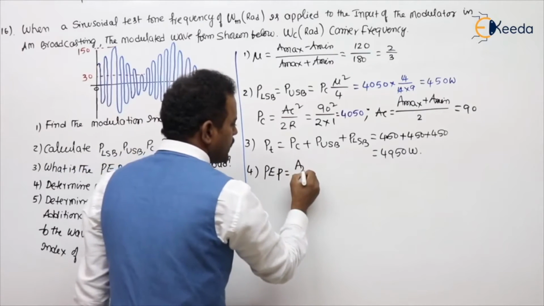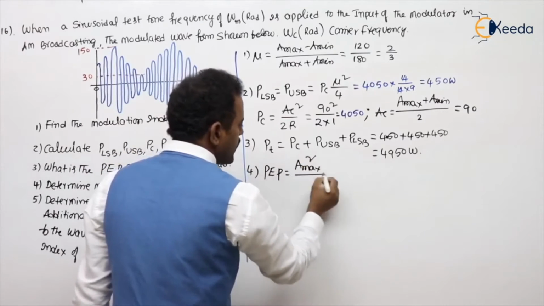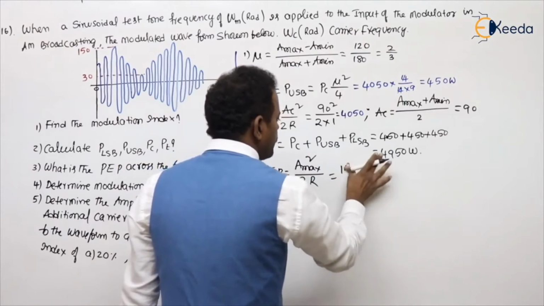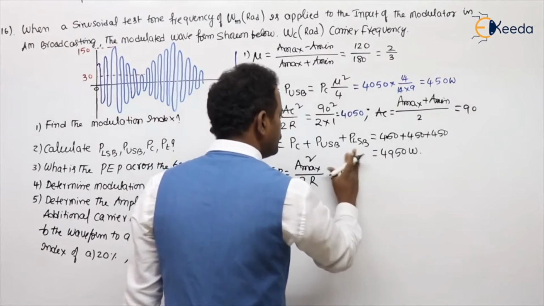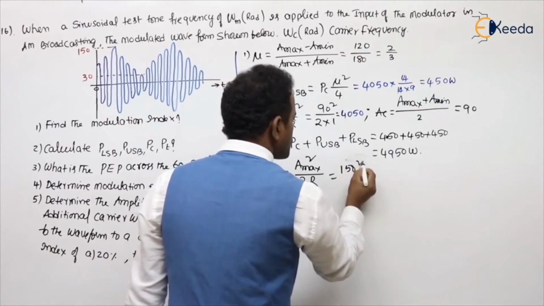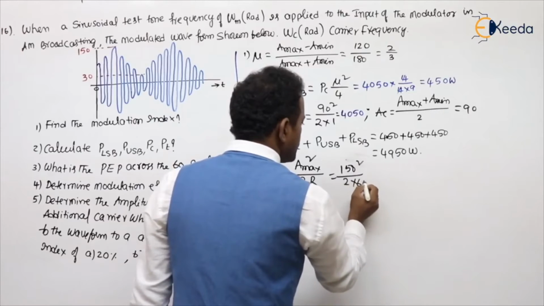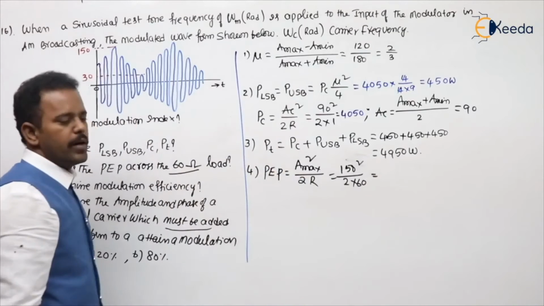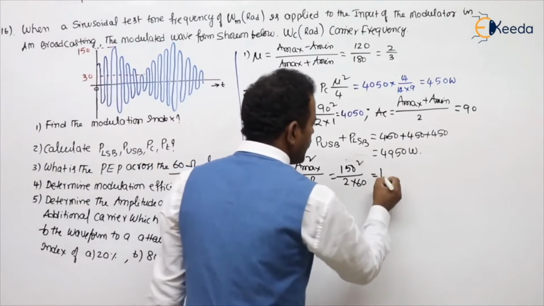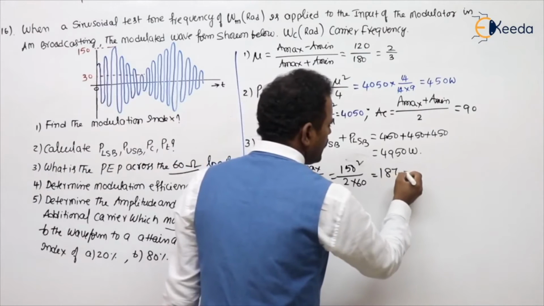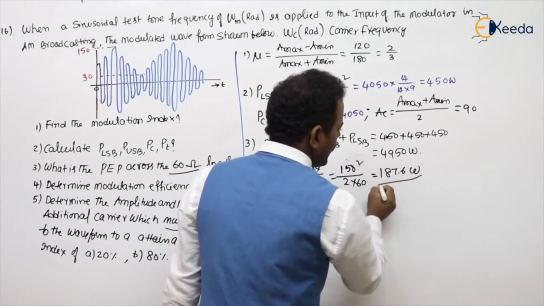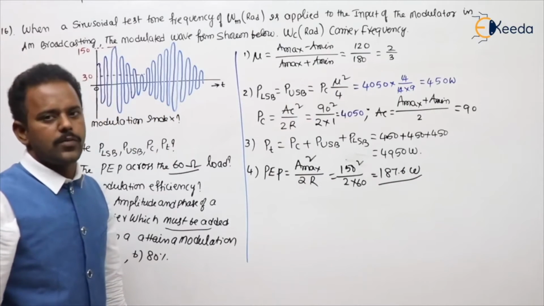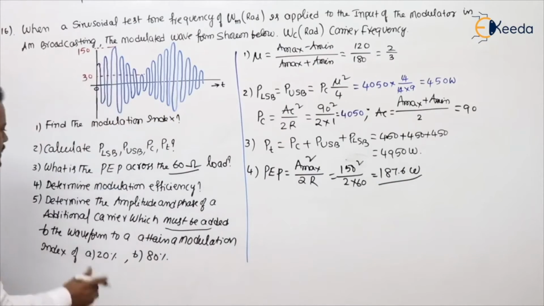So the formula is A max square by 2 into R. A max is 150, so 150 square divided by 2, with resistance 60 ohm because they are asking over the 60 ohm load. If we calculate, you will get about 187 watts.